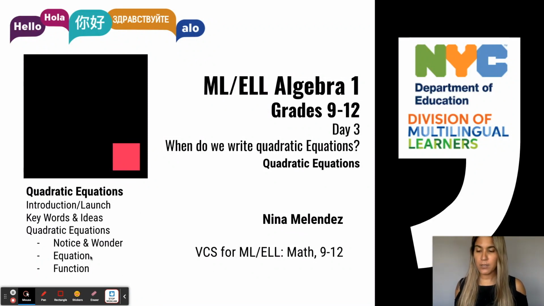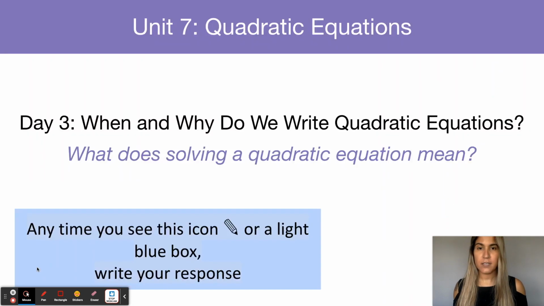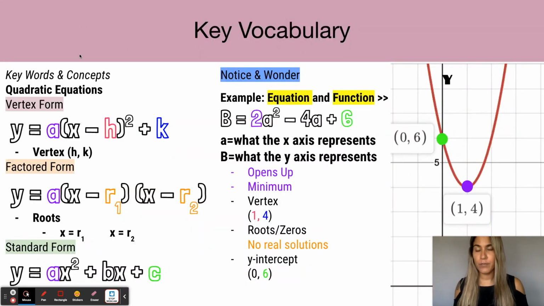So we are going to start off by looking at our key vocabulary words. As a review from the previous unit, we learned about our different forms of quadratics, which we have right here on the left-hand side.